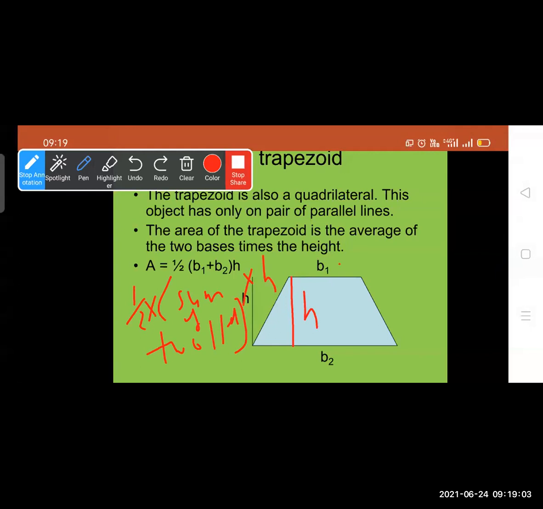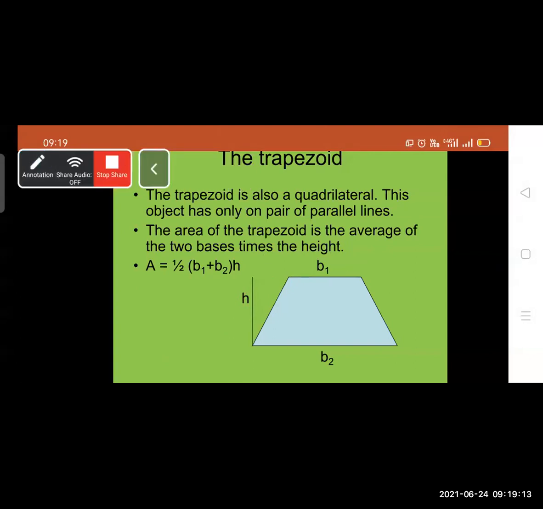So here two parallel sides are B1 and B2. Take their sum, B1 plus B2, into height. So area of trapezoid is equal to half into B1 plus B2 into H. Simple. So area of trapezoid is equal to half into B1 plus B2 into H.